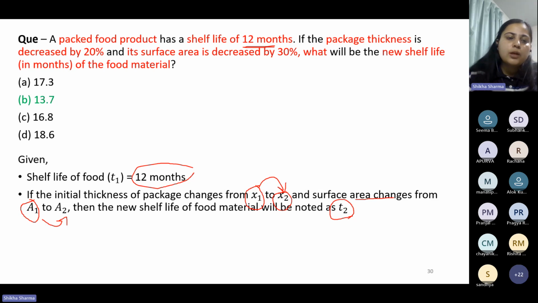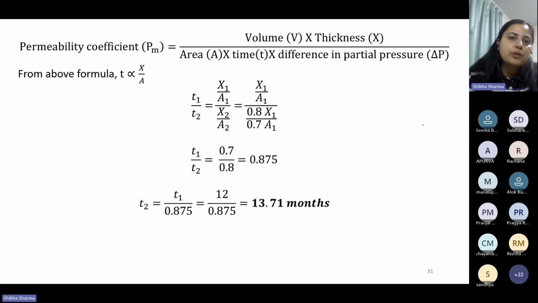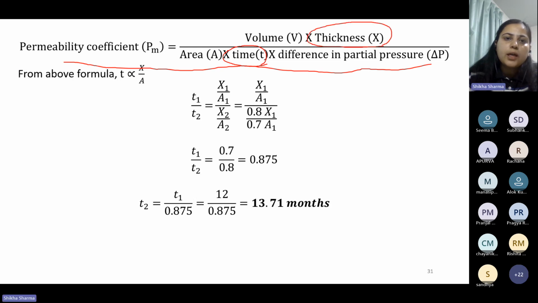Now from the permeability coefficient formula, which we just discussed, the permeability coefficient equals volume into thickness divided by area into time into difference in partial pressure. From here we can see time, thickness, and area terms. If we shift time here, time is directly proportional to thickness and inversely proportional to area.